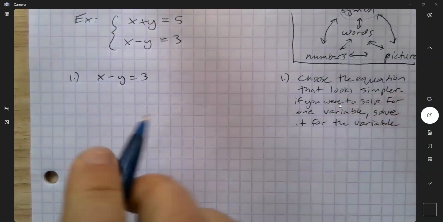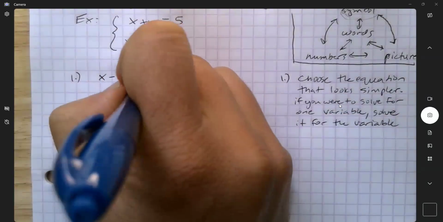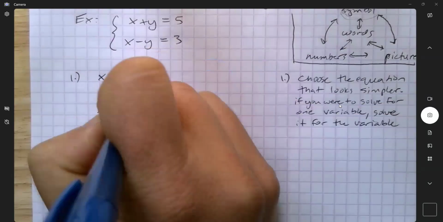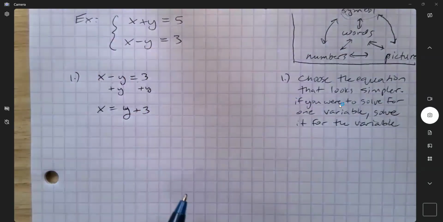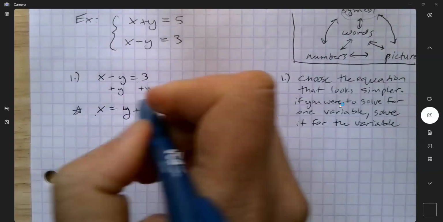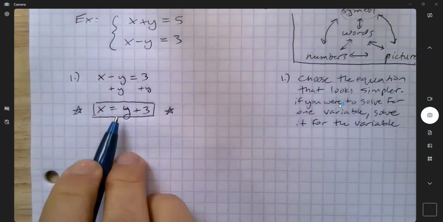Doesn't matter which variable, you get to choose whichever is easier. In this case, it's easiest if I add y to both sides and I get x equals y plus 3. I have now solved this equation for one variable, and I'm going to give it a star because this equation is something I'm going to use moving forward.